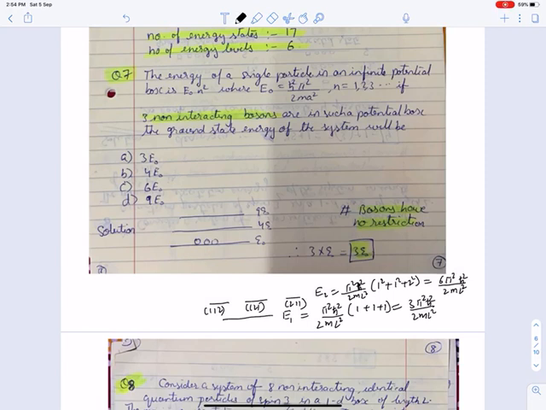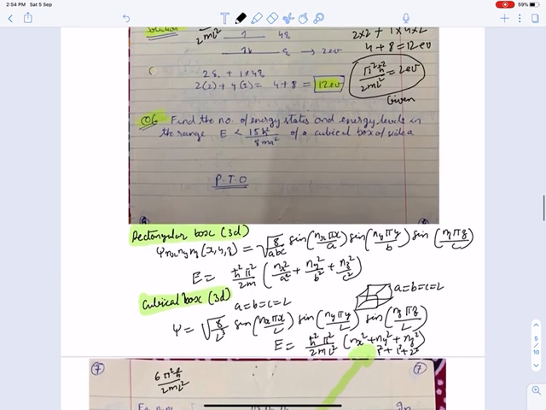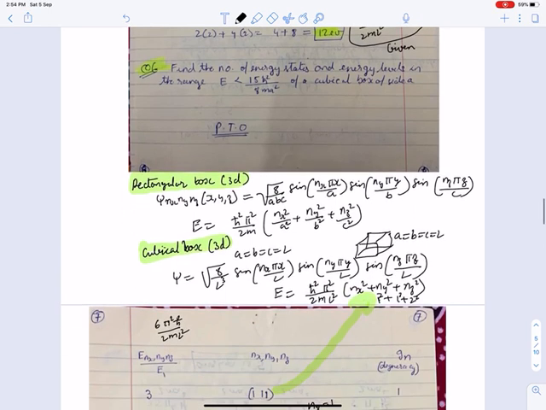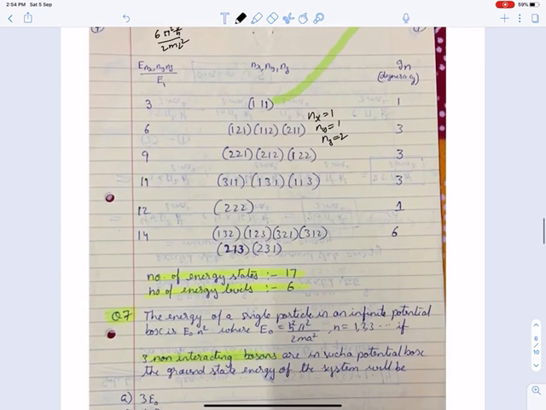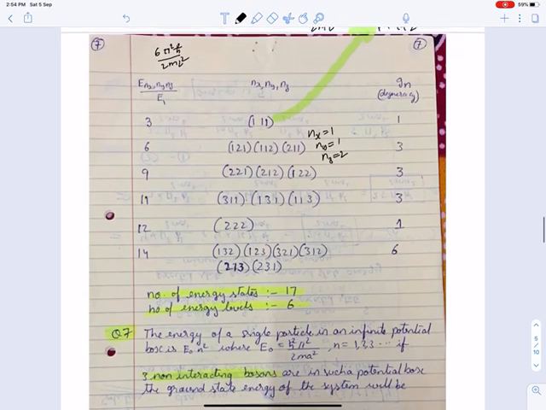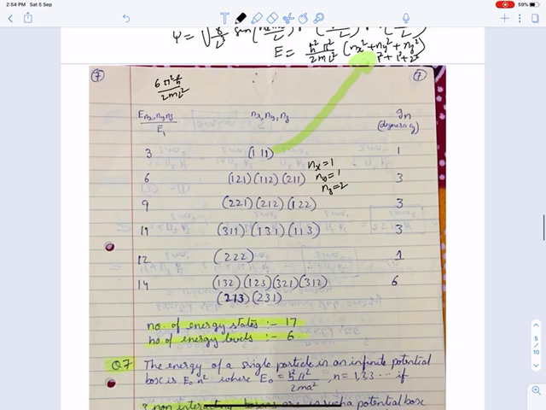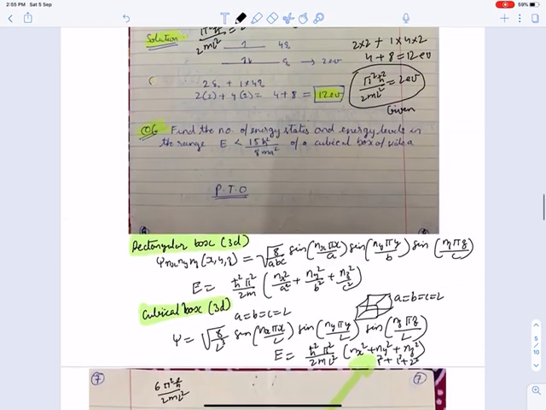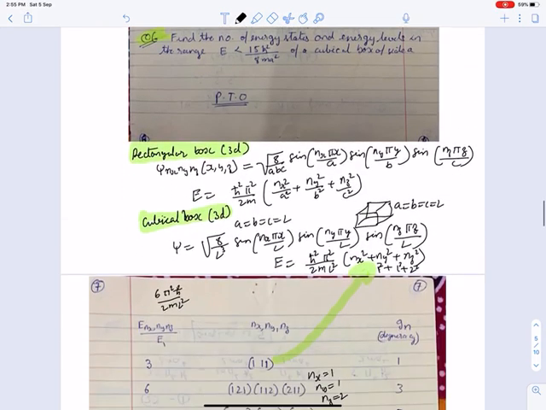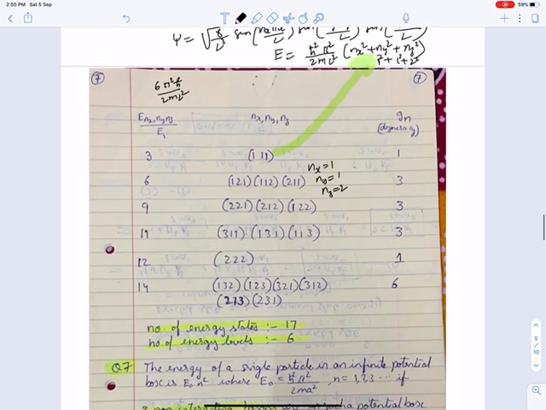So I have to tell now which energy state is less than 15 h cut square upon 8 ma square. So when you will do this, you will know that the number of energy eigenstates here will be 17 and the number of energy levels is 6. Okay, so the number of energy states is 17.